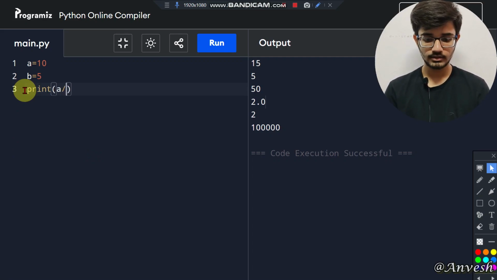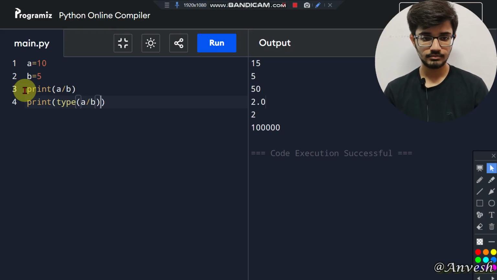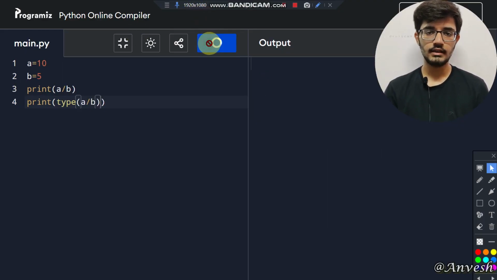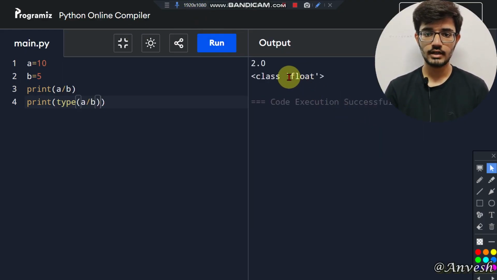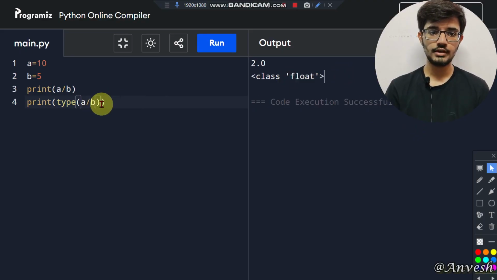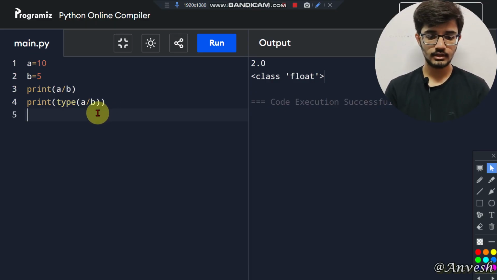Print of a slash b, and now I am going to check the type of what it is going to print. Type of a by b, we get the float data type. Here we got float. To get the quotient as integer data type, we must use a double slash. Now let us also see that.